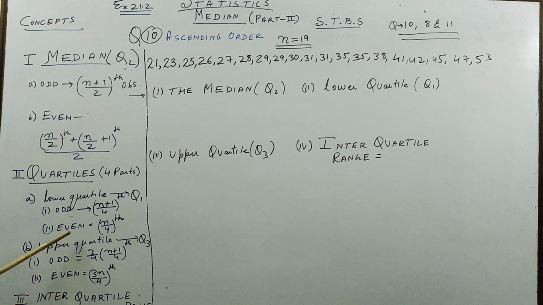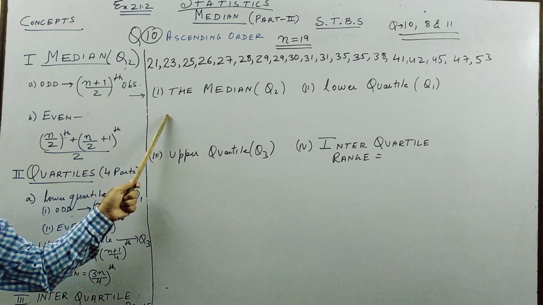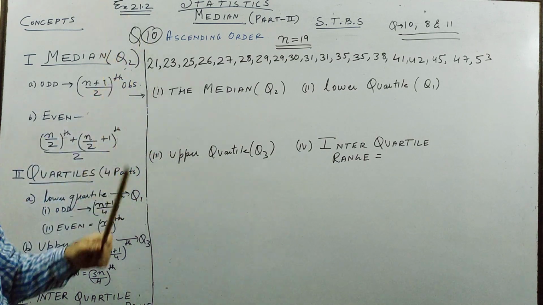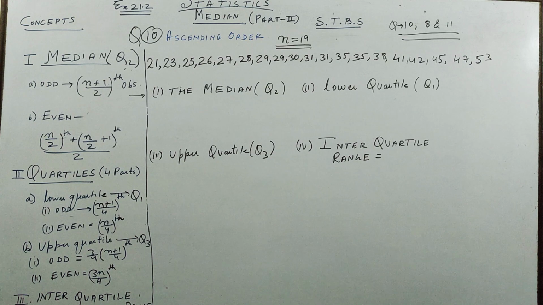Like median, lower quartile also has two formulas, odd and even. Upper quartile also has two, for odd and even, and I will explain interquartile range when I do this introductory sum. So this is question 10 of exercise 21.2.